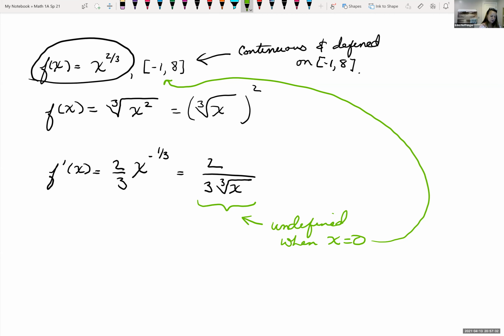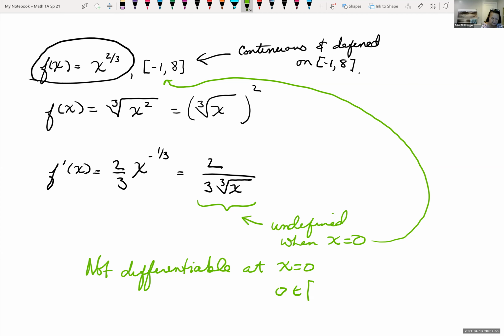So at x equals 0, it's undefined, and that means it's not differentiable at x equals 0.